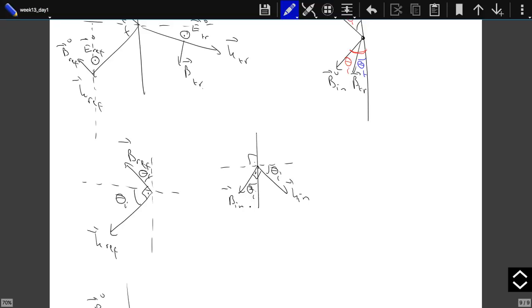Do you agree that this is our theta E? It is what the K reflected makes with the vertical. Well, this angle over here is pi over 2 minus theta E. So the angle between the B reflected and the surface is theta E.